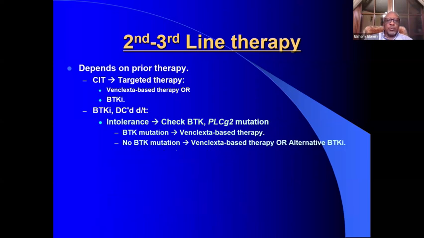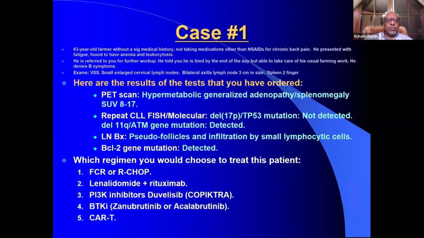So now if we go to this patient, here are the options. Number 4 is the right answer, because the patient has not been treated with BTKI in the past, and he has the BCL2 gene mutation. So the best option is BTKI, zanubrutinib or acalabrutinib. The other four are okay options, but they are not second line. That's the key.